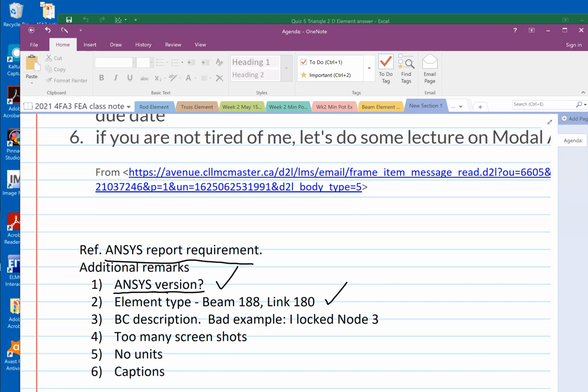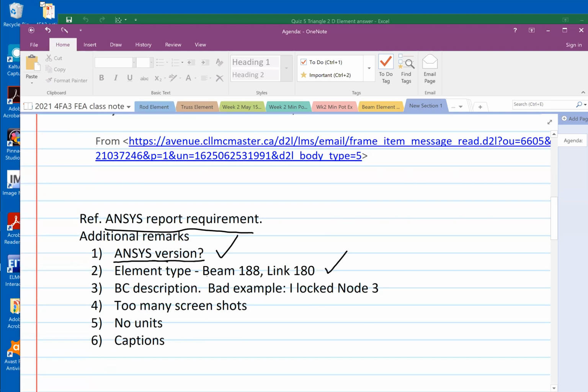When you see a truss, you use the truss matrix with C square, S square. Same here. When you work on ANSYS, you write about which elements you use to model your problem. So you just say that we use the BEAM188 element designed by ANSYS to simulate your problem. And when you see a truss, you use LINK180 to simulate your work.